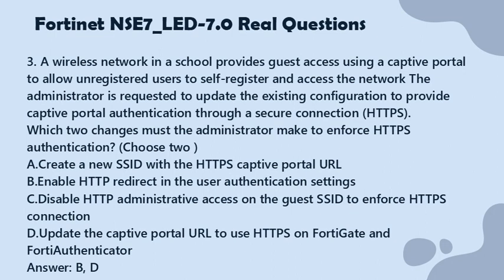A. Create a new SSID with the HTTPS captive portal URL. B. Enable HTTP redirect in the user authentication settings. C. Disable HTTP administrative access on the guest SSID to enforce HTTPS connection. D. Update the captive portal URL to use HTTPS on FortiGate and FortiAuthenticator. Answer: B, D.